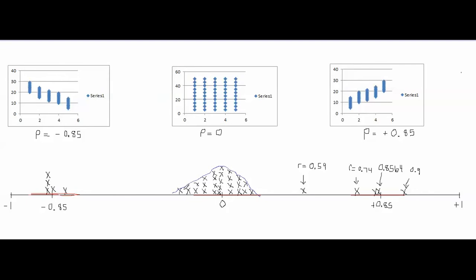And since samples that come from a population with no correlation follow this predictable shape, it's actually possible to predict what percent of the time the samples will fall in different areas on this number line down here.